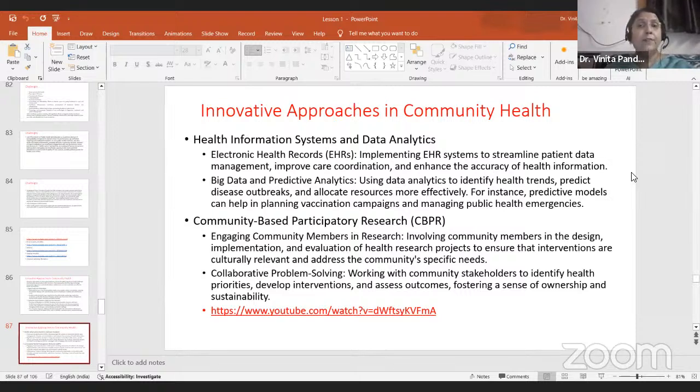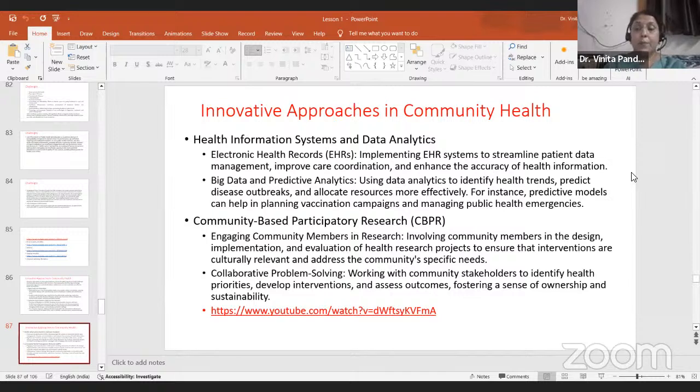So health related information, if it can be collated properly, can go a long way in making health related policies also. So big data and predictive analytics is also a very interesting innovation in the field of community health. In this, as I mentioned, we are providing health analytics to identify health trends, predict disease outbreaks, and allocate resources more effectively.